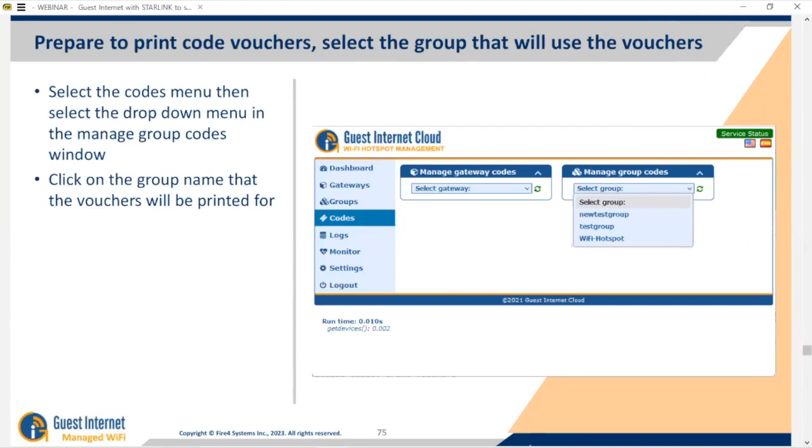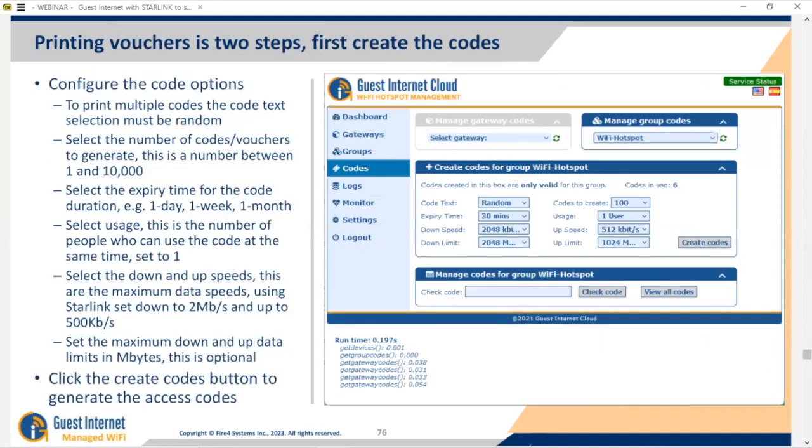Now, when we want to print vouchers, we select the group that we want to print the vouchers for. And then we go to the codes page, and we can select the parameters of the code. So if we want to print more than one code, it has to be a random code, an alphanumeric sequence.